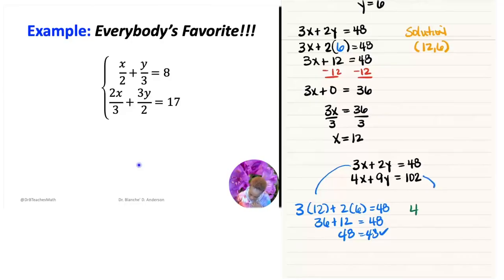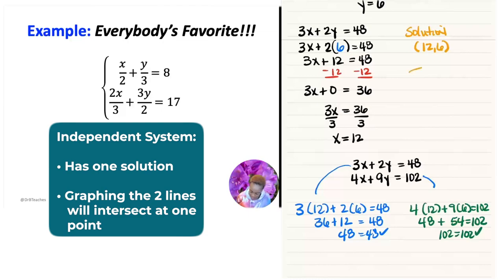So we have 4 times 12 plus 9 times 6, 102. 4 times 12, that's 48, right? And 9 times 6, I always get my 9's jacked up, 54. So 8, 9, 10, 11, 12, yep. It checks. Okay, so this is an independent system.